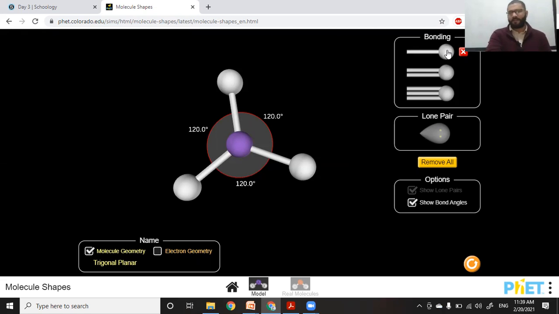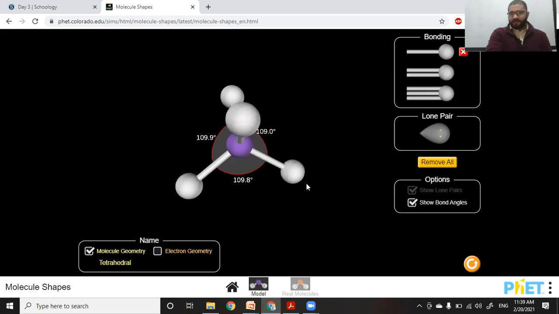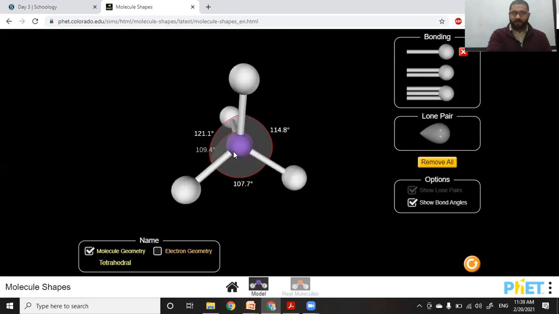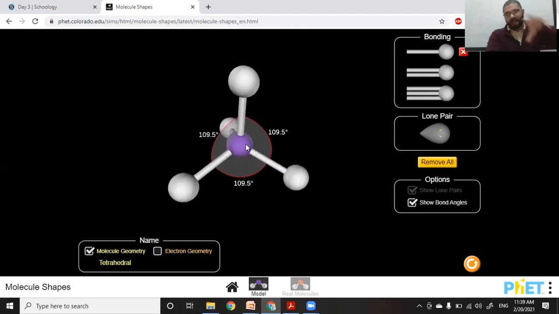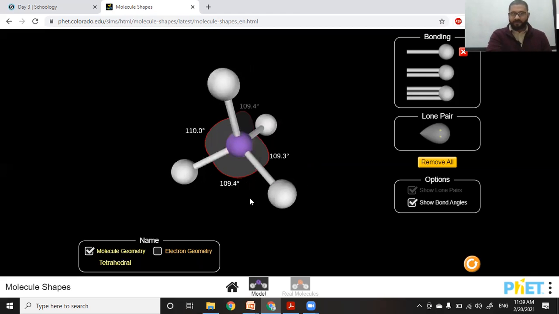Regarding the tetrahedral now, dear student, look, in tetrahedral the bond angle is 109.5 degrees. This is the central atom attached by four other elements. The example is CH4, methane. Carbon is the central one attached by the four hydrogens.